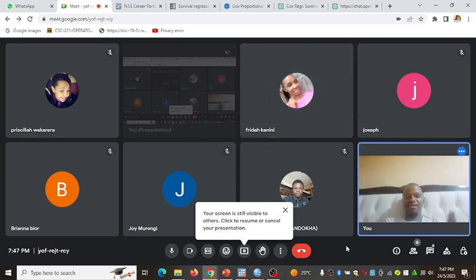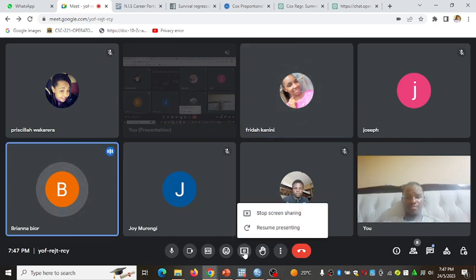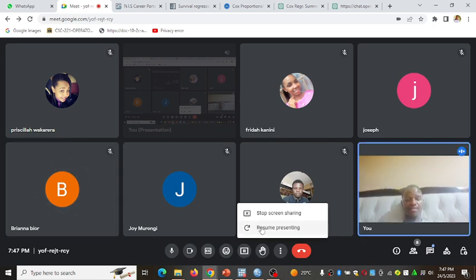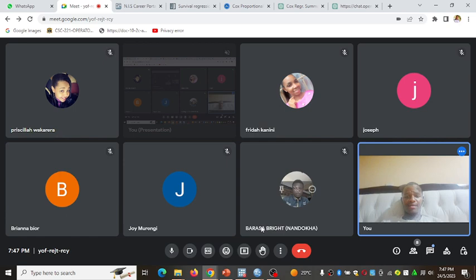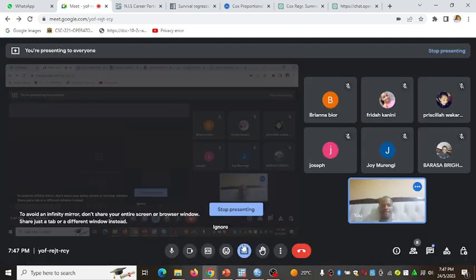Anybody else who doesn't have it? Kuna mwingine mwenye hana? Mine is also saying the same, that the data STATA is too busy. Okay, just click, type clear, then click enter.